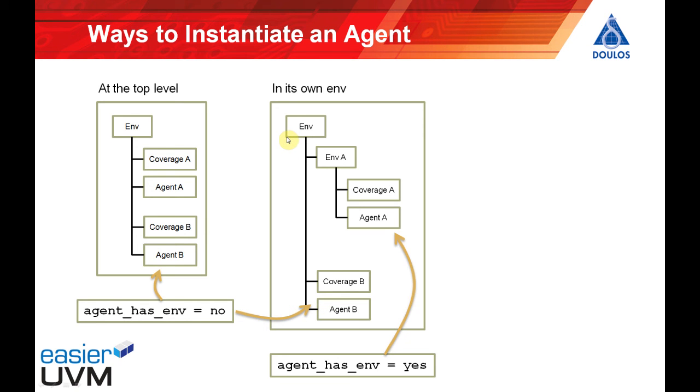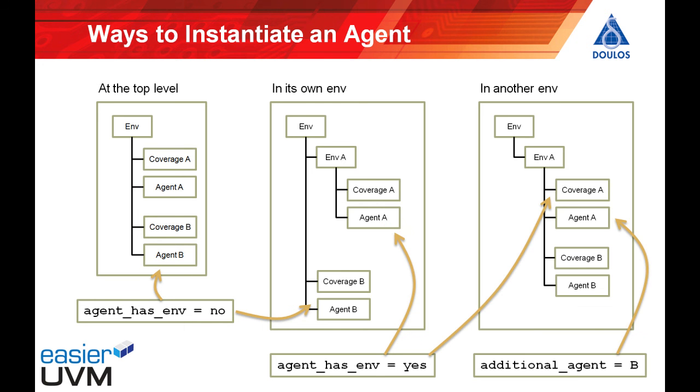So the code generator can generate code that has a test which instantiates a top level env, and that top level env either directly instantiates agents or instantiates lower level envs that are specific to the individual agents, and you can mix and match. The third choice is to have an agent instantiated within the env of another agent.